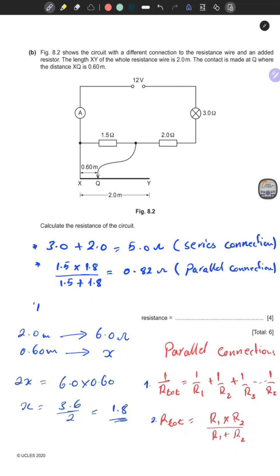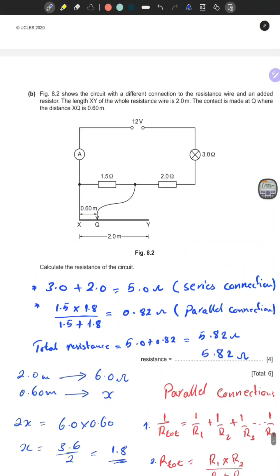So the total resistance will equal 5 plus 0.82, and that will give me 5.82 ohms. Okay, that's all, I guess.